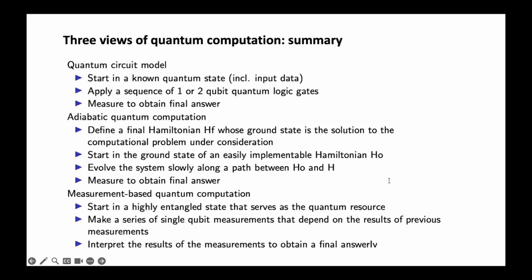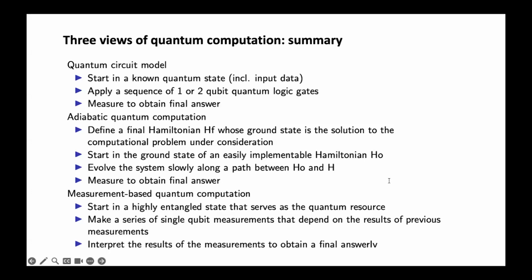So the way this form of quantum computation works is that you start in a non-quantum state, and you apply a sequence of 1 or 2 qubit quantum logic gates. I'm going to show you examples later. And you measure in order to find the final answer. These steps seem very well defined and very concrete.